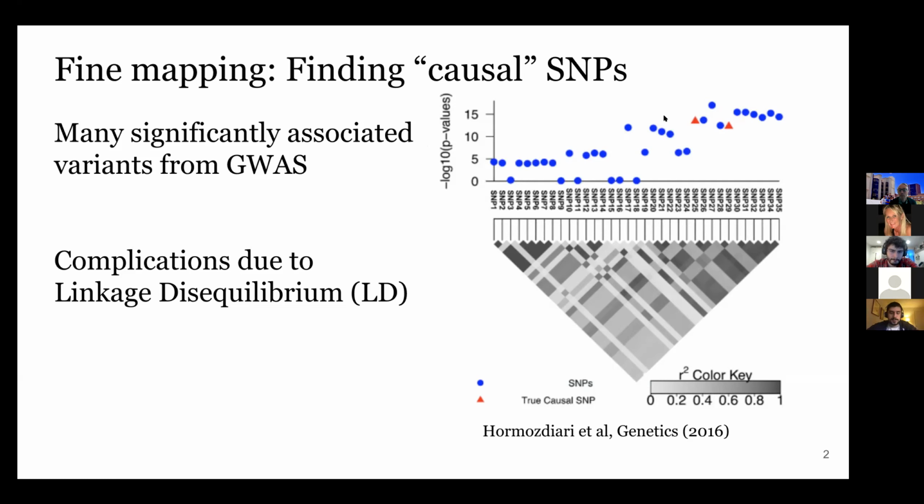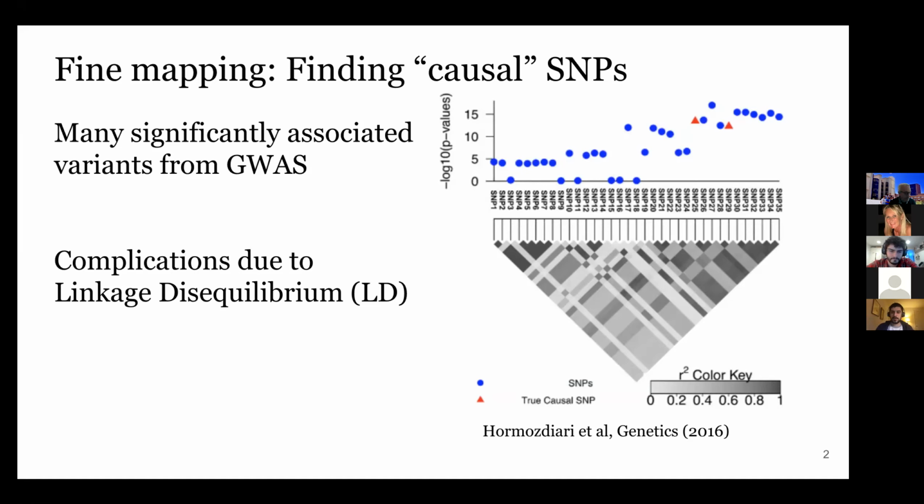Obviously, the most naive approach is to just take the top X associated SNPs and say these are the causal SNPs. That has a couple of problems. One problem is you don't necessarily know a priori how many of these SNPs you should pick.